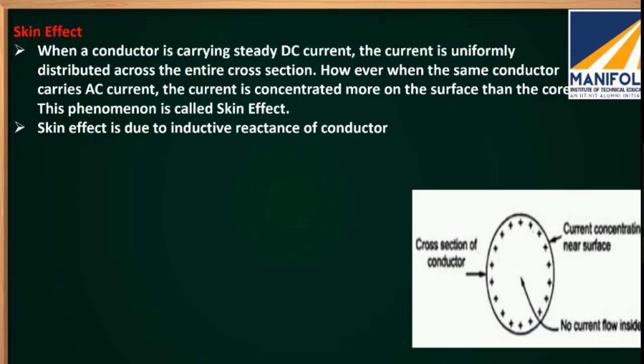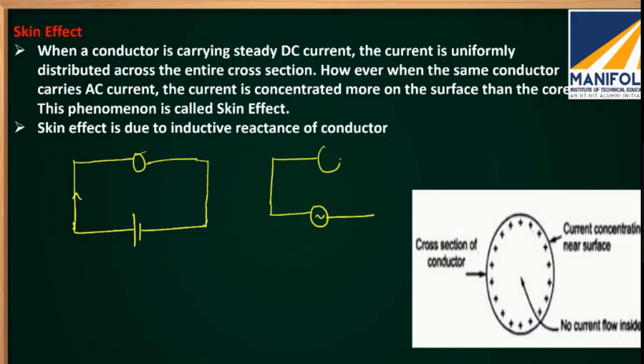Imagine this is a conductor where I'm applying DC voltage and AC voltage, with currents IDC and IAC. For DC, the total cross section area is used for current conduction and the current is uniformly distributed.